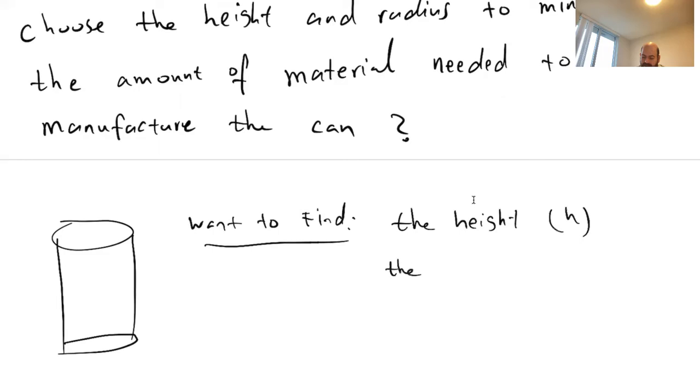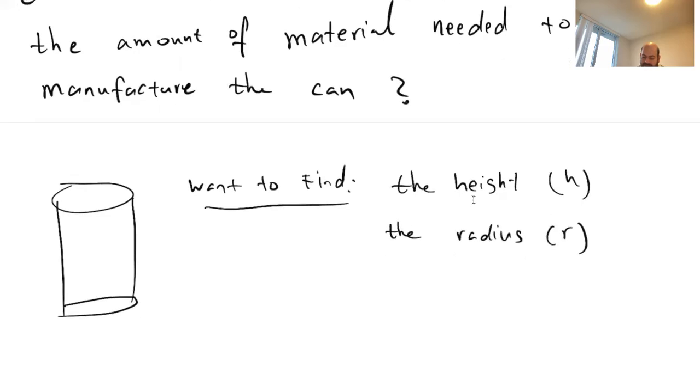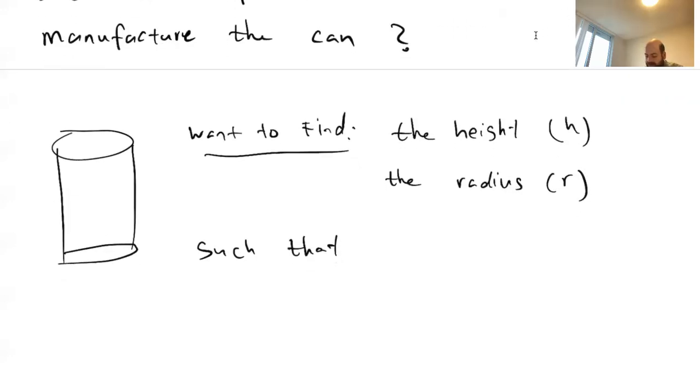And the radius, let's denote it with small r, such that the total area of the cylinder will be minimized. So such that the total area, let's denote it with capital S, will be as small as possible.